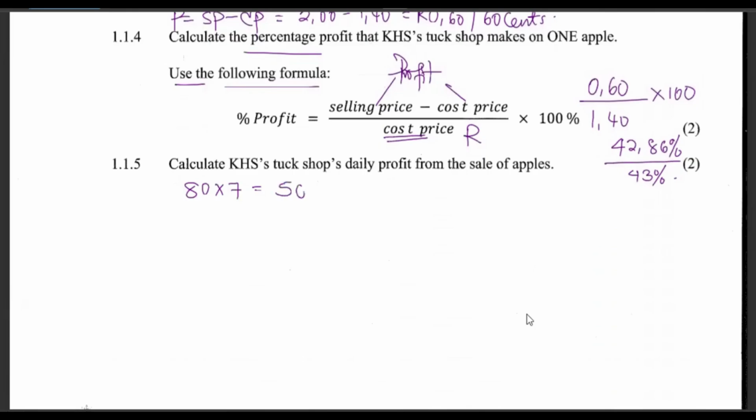We have 560 apples. At each apple, they make a profit of 60 cents, so we multiply by 0.6. They end up having the answer as 300. This is the profit per day.